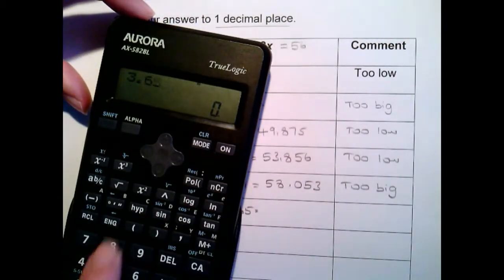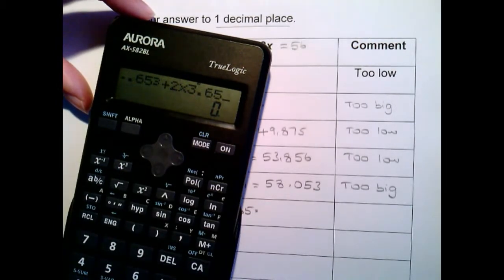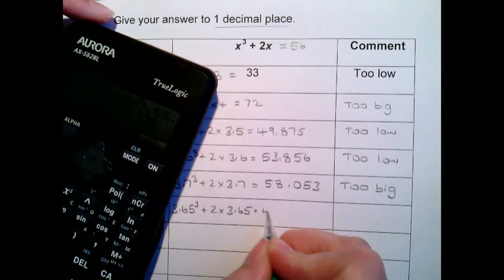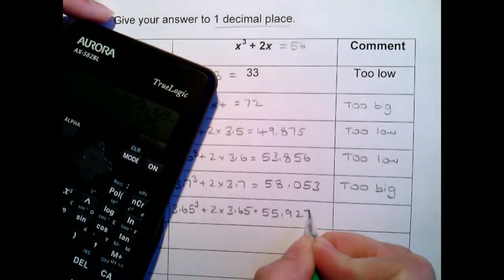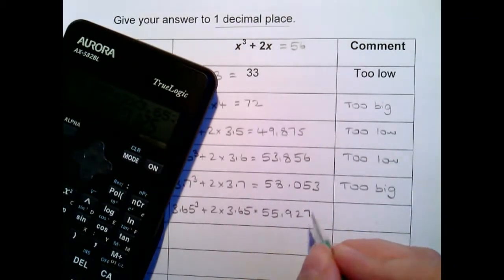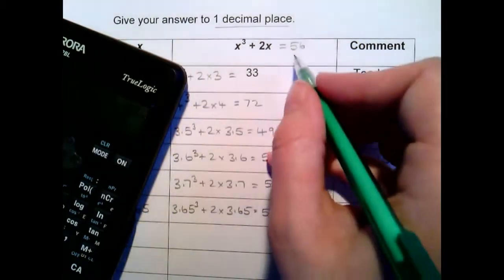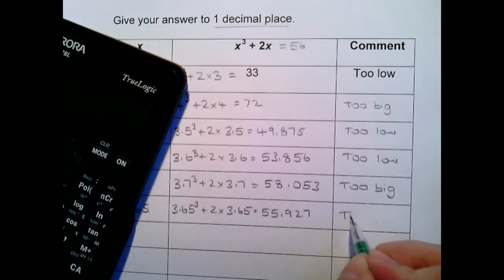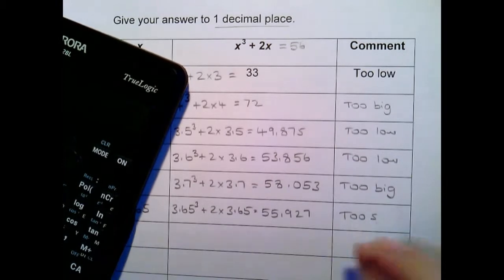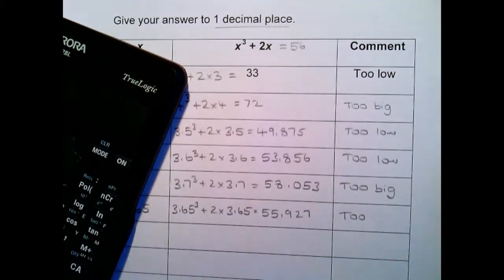So 3.65 cubed plus 2 times 3.65 gets you 55.927 something. So that is just slightly too small. It's just a wee bit below the 56. Or too low, sorry, we're using low and big. So that's just slightly too low.